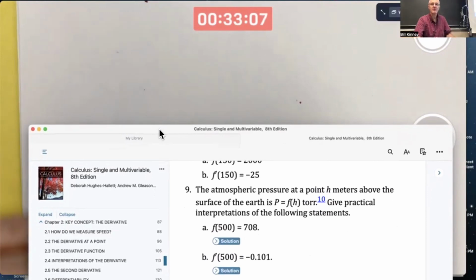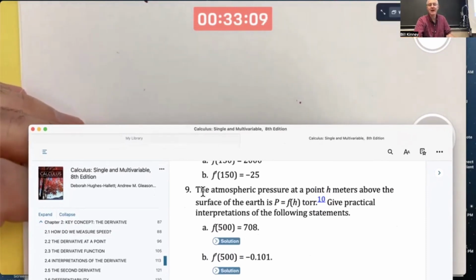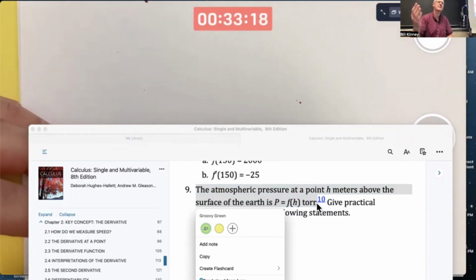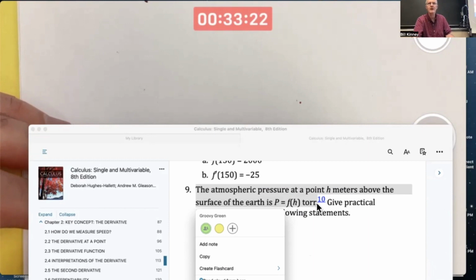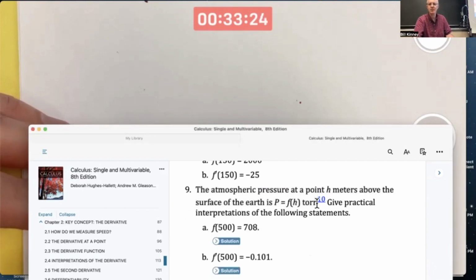Sometimes the questions get weird, but we want to be able to handle it. Number 9 says the atmospheric pressure at a point h meters above the surface of the Earth is P equals F of H torr. To tell you the truth, I've never heard of the units of torr until I saw it in this book before. Usually the units of pressure are like atmospheres or millibars, things like that.